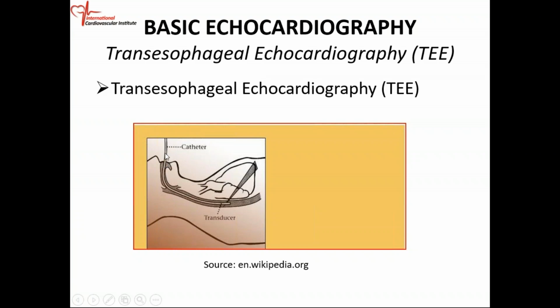You insert the probe in the esophagus, and at the tip of the probe there's a camera, and the camera allows you to look at the heart. So you can get essentially unobstructed visualization of the heart. Very good technique.